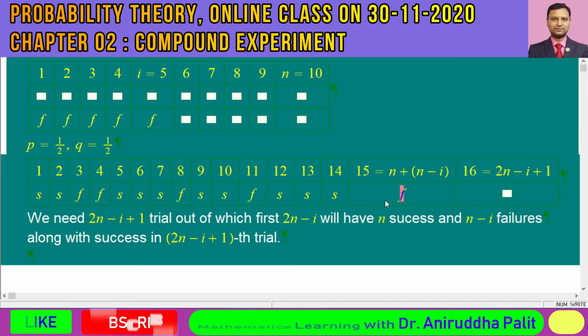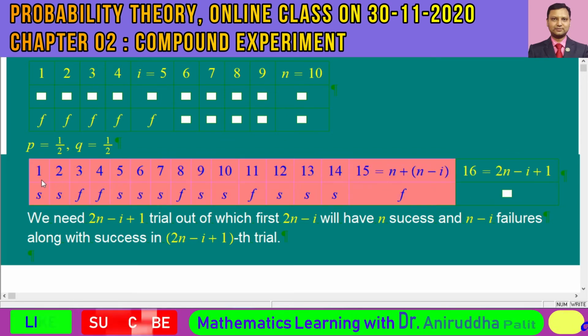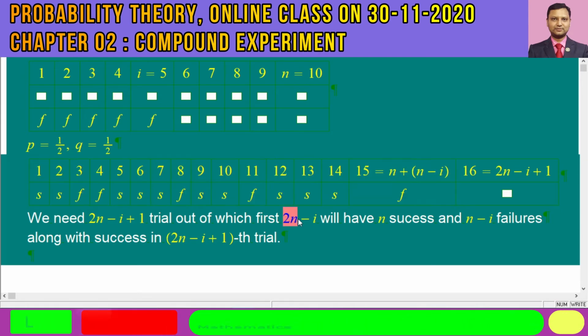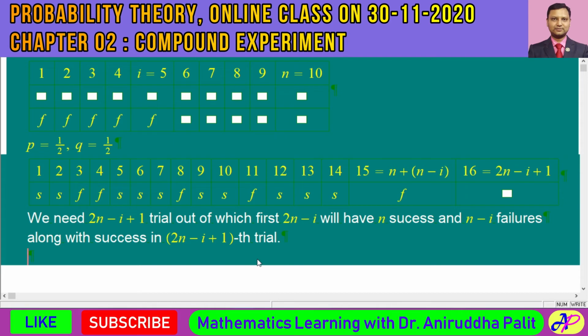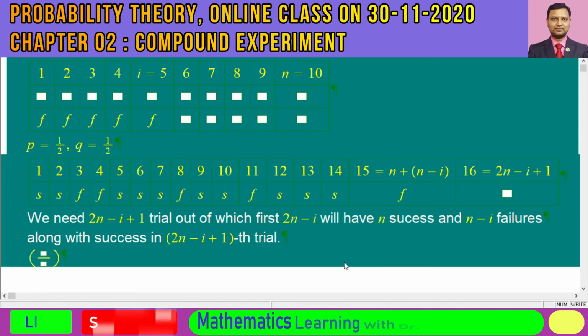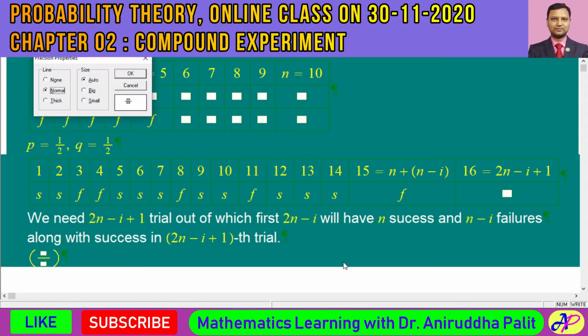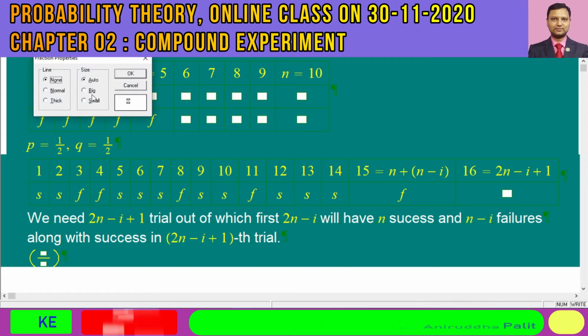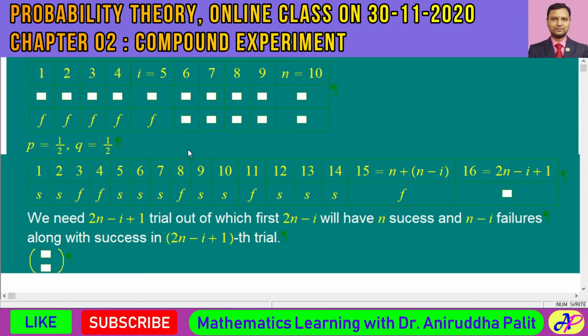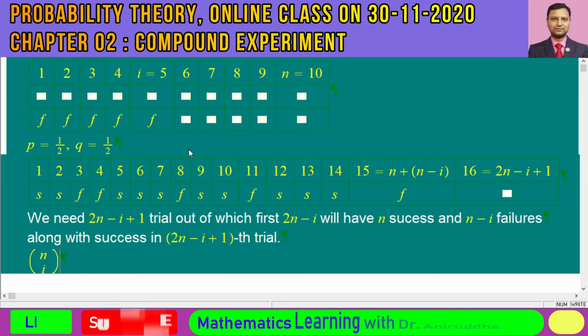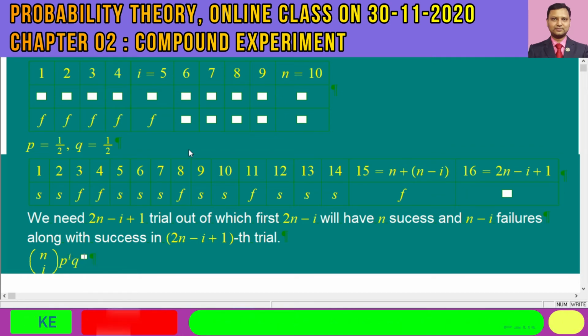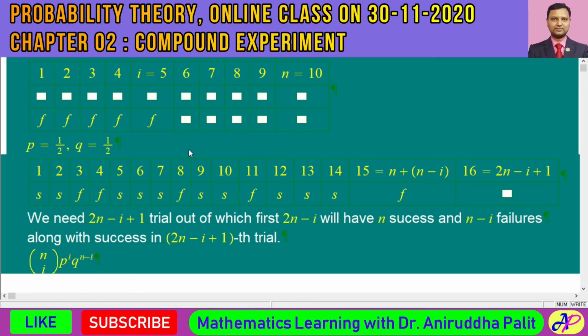Along with that, we need to compute the probability of n successes in the first 2n − i trials, and we know that through the binomial law. The formula for the probability of i successes in n trials is nCi p to the power of i q to the power of n − i.